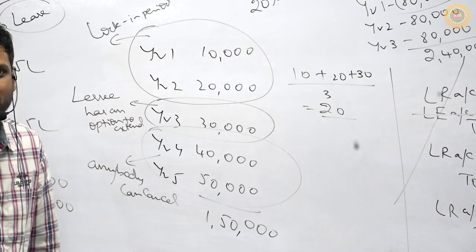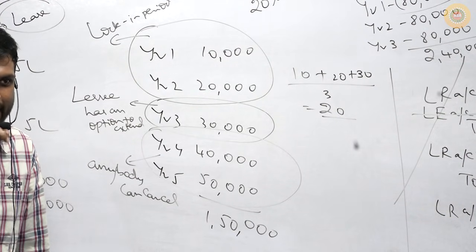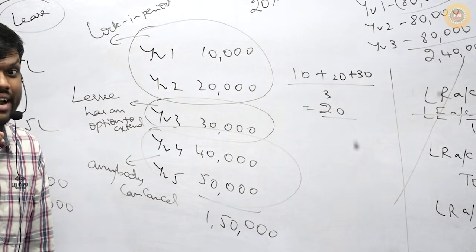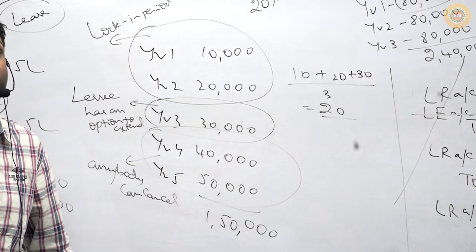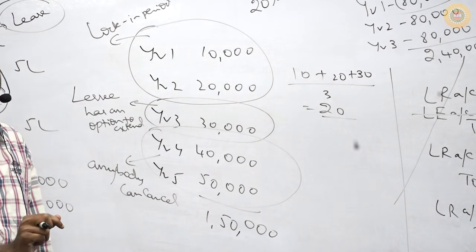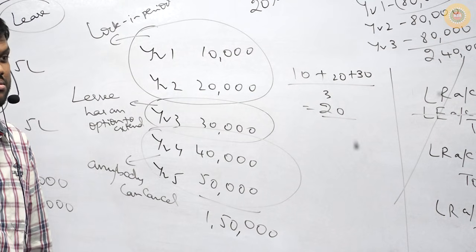That is wrong. ஏன்னா if you read AS 19 it clearly says lease rentals should be straight lined over the lease term, not over the agreement period.